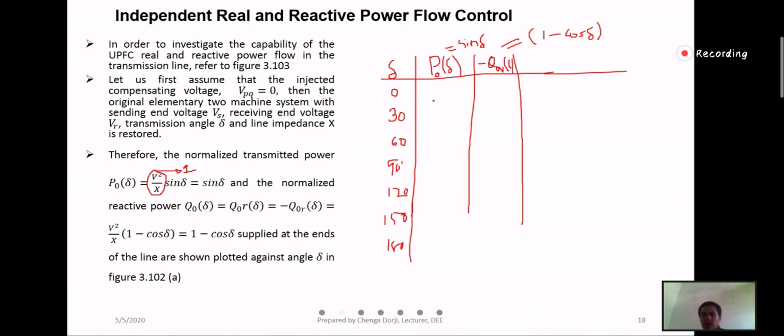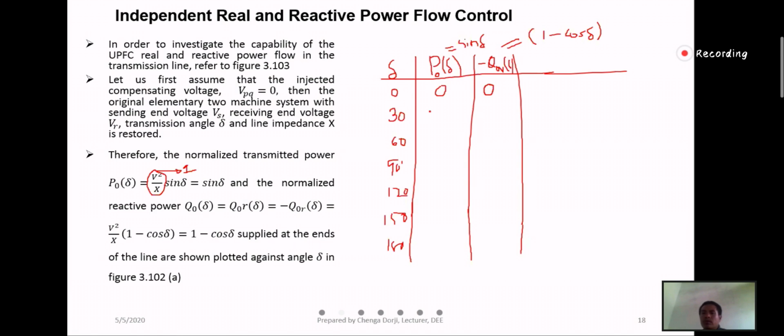What is PO? 0. PO is 0. QO is 0, since 1 minus cos 0 is 0. So 0.